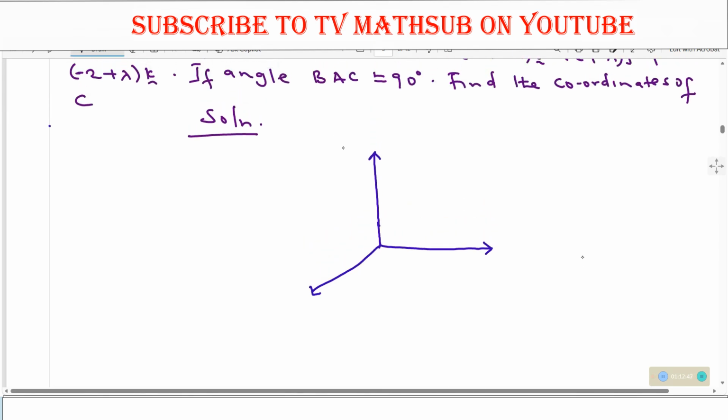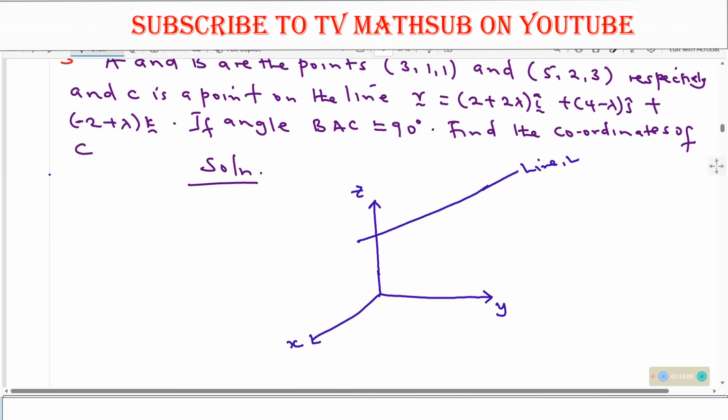So this is our Z, this is our X, this is our Y. Now we are having a line. Let me call this line R.